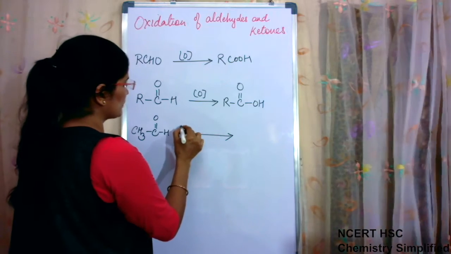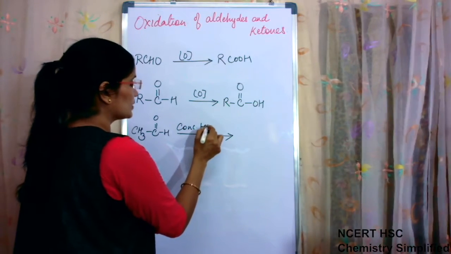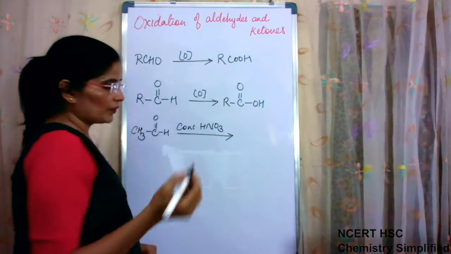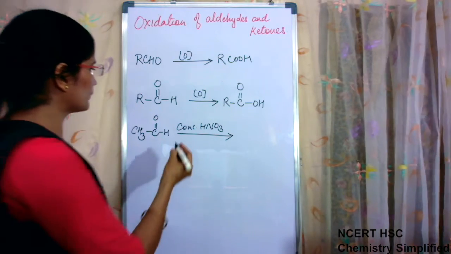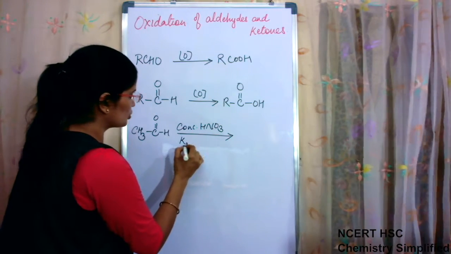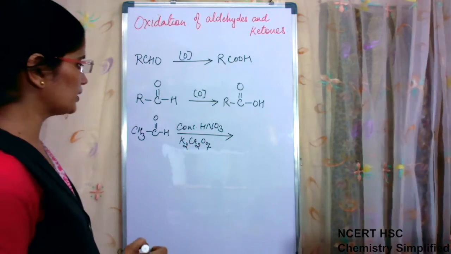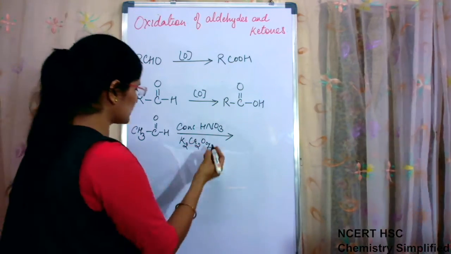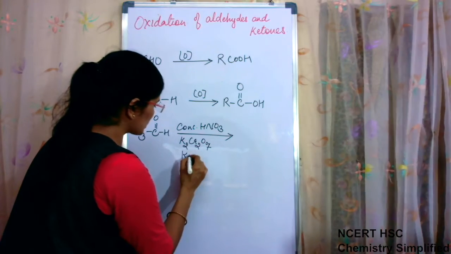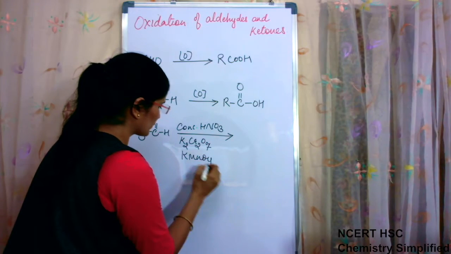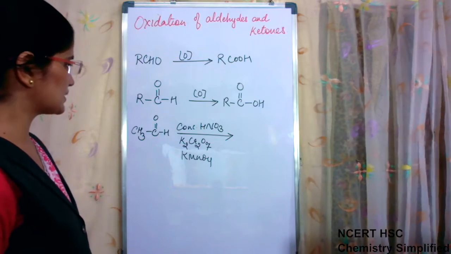We can use here concentrated nitric acid, which is a very strong oxidizing agent. We can use K2Cr2O7 potassium dichromate, which is a strong oxidizing agent.